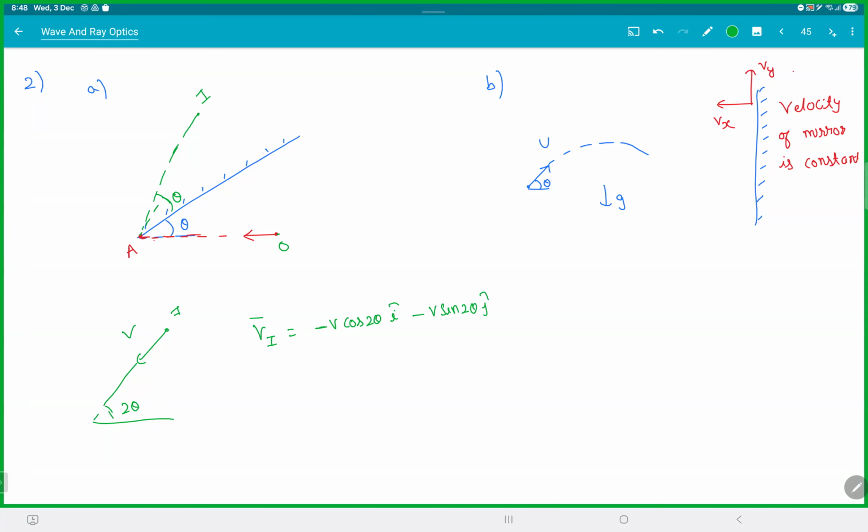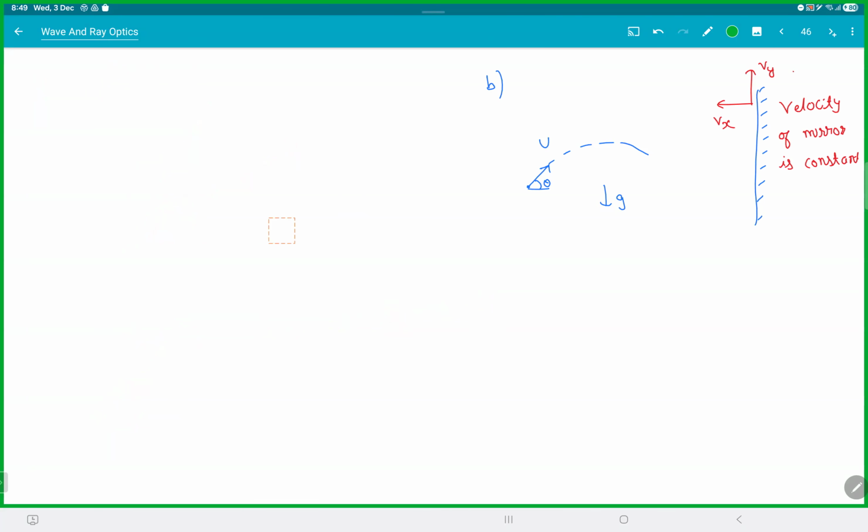What about the mirror thing? This thing I told you: whenever the mirror moves, stop the mirror. Now, when you stop the mirror, there's something you need to understand, that Vy is useless. Vy won't matter. Why? Think about this.